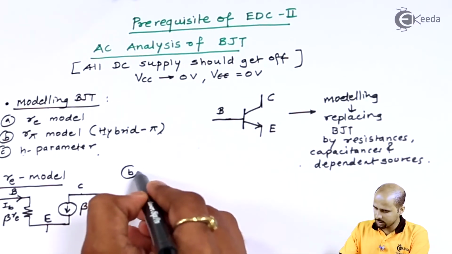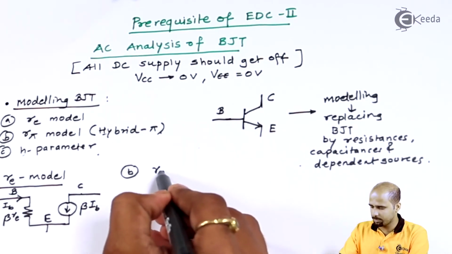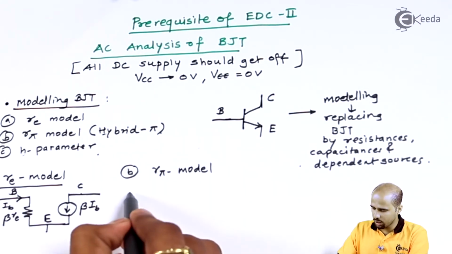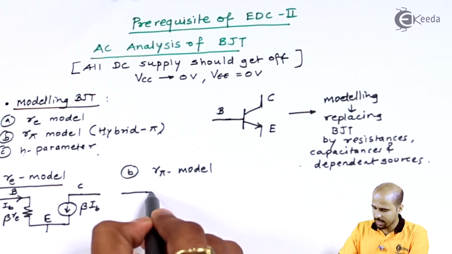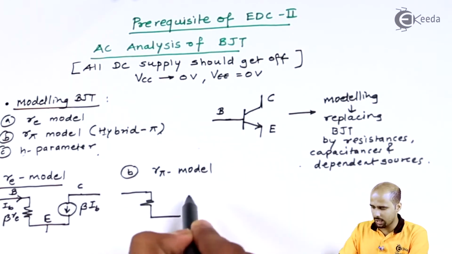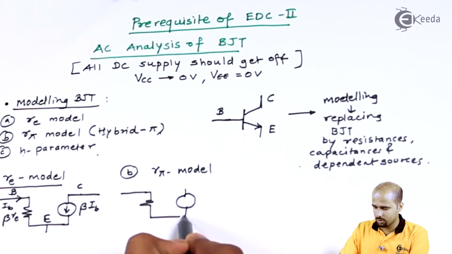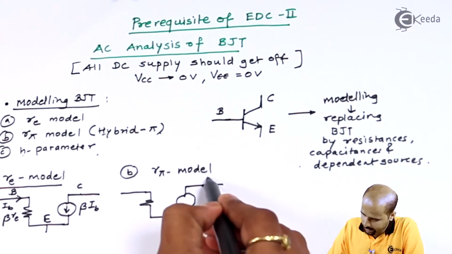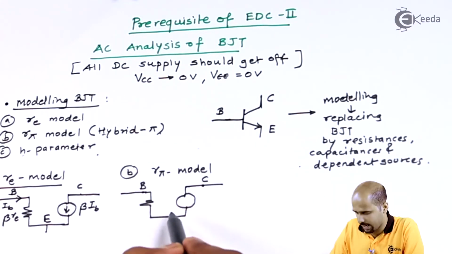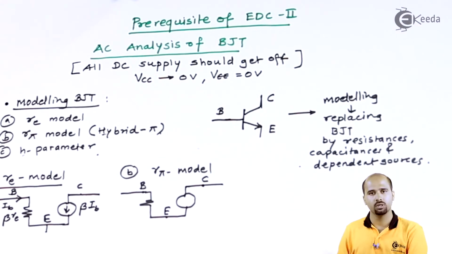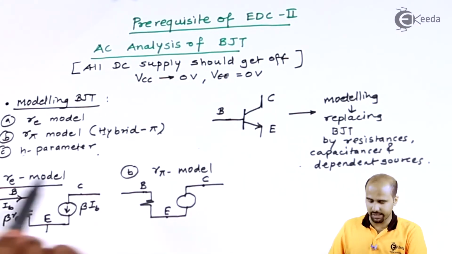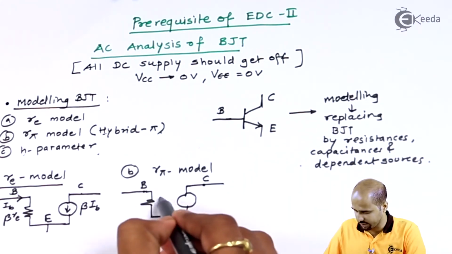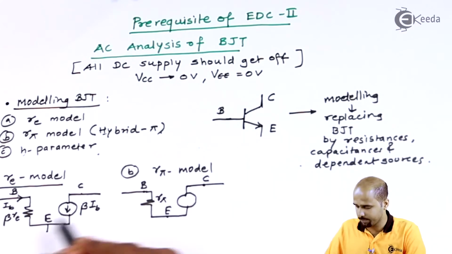The next model we will consider is the RPi model. In the RPi model we have the same configuration but the values are different. This is collector, this is base, and this is emitter, right? So base, emitter and collector are at the same places. This resistance value is different; that value is RPi.